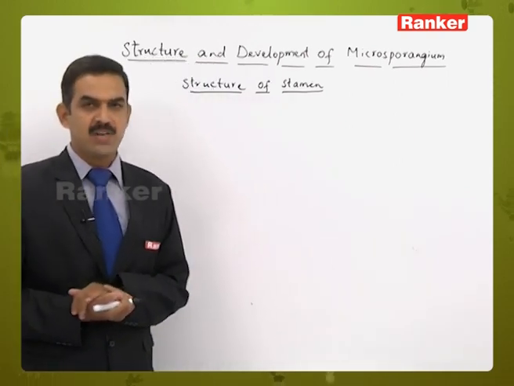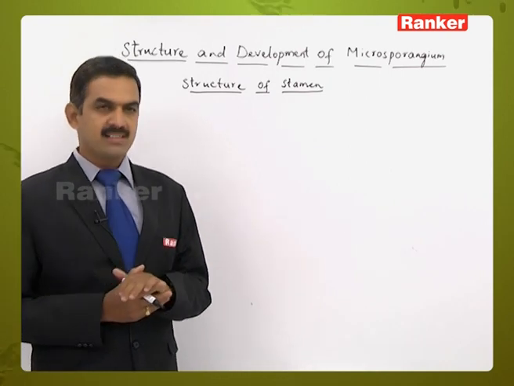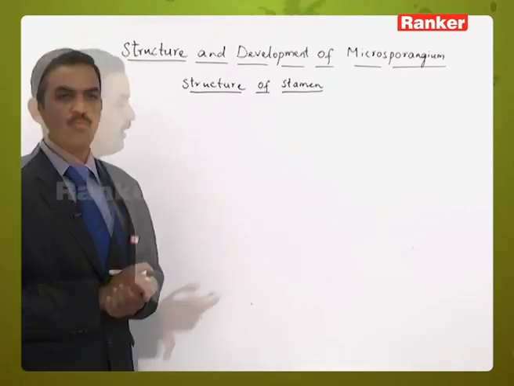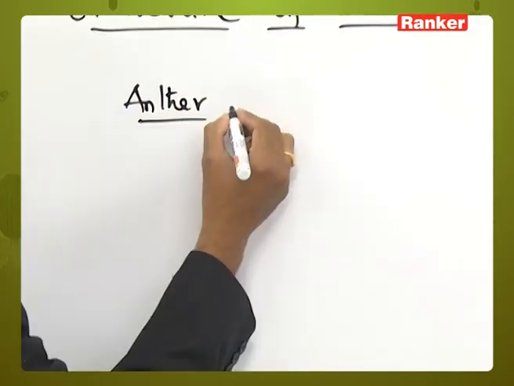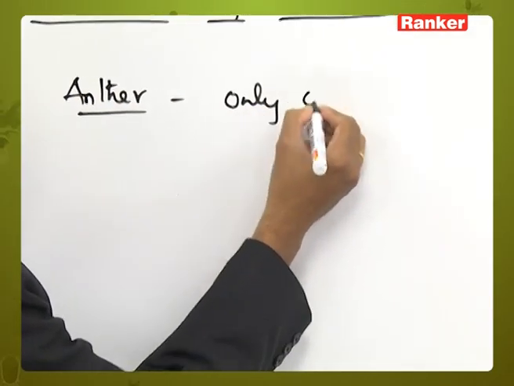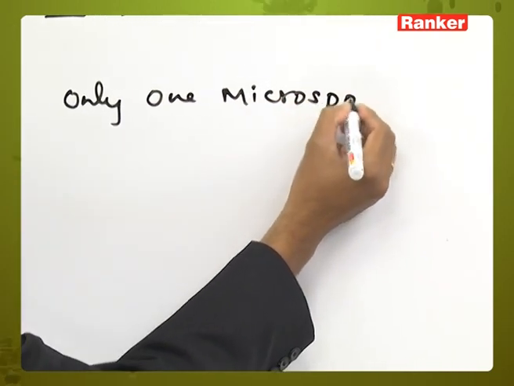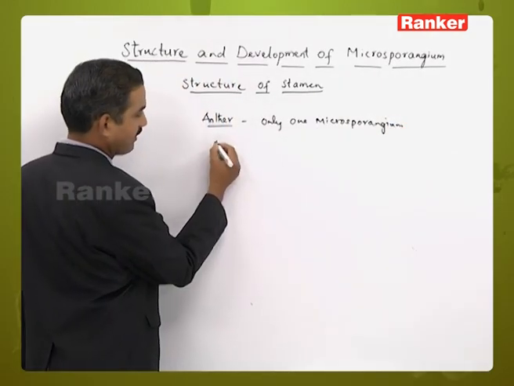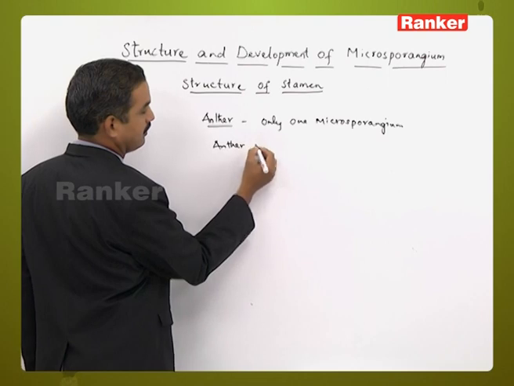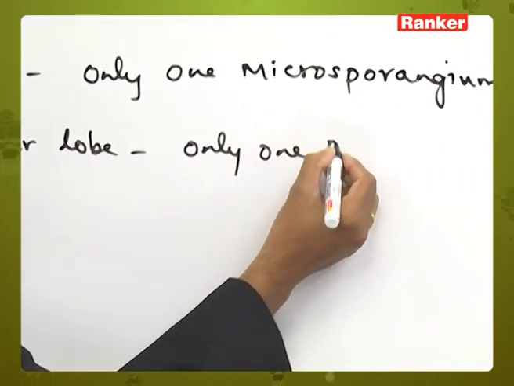In the anthers we have seen two conditions, dithecous and monothecous, but there are some exceptional cases where one anther contains only one microsporangium, and some cases where one anther lobe contains only one microsporangium.